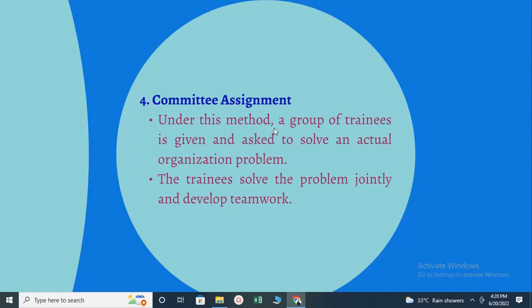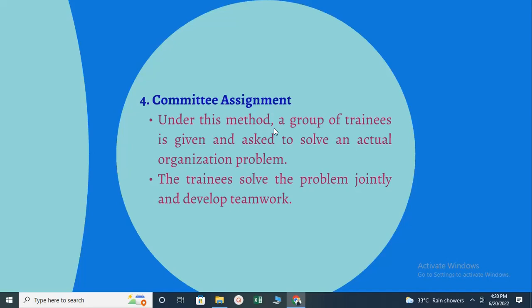They will work, analyze, think and take specific decisions. Here they try to solve the problems. It is joint work, or teamwork. It is to develop teamwork.